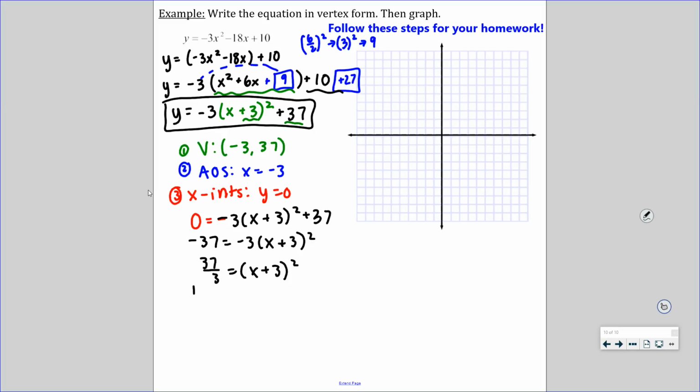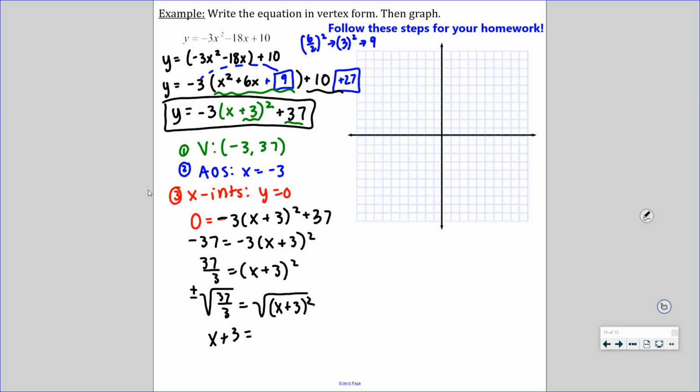Don't forget plus or minus. I'm going to move this to this side. I like to look at it this way. So you get x plus 3 is plus or minus the square root of 37 thirds.